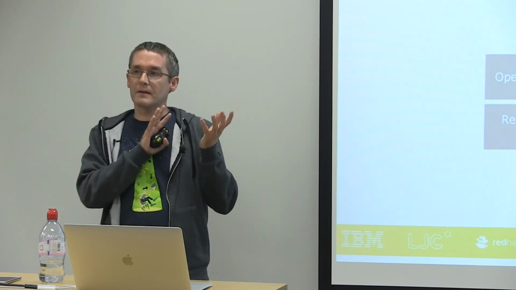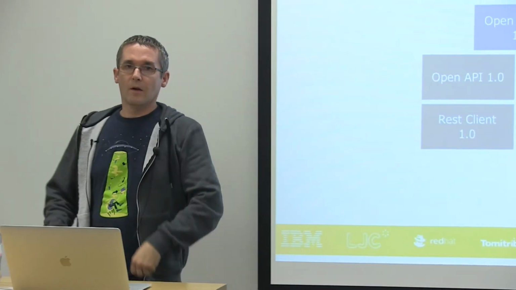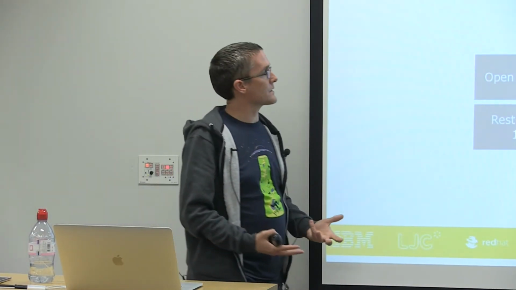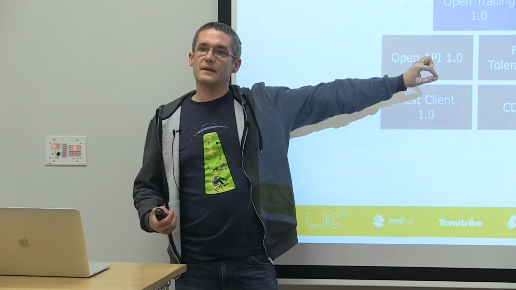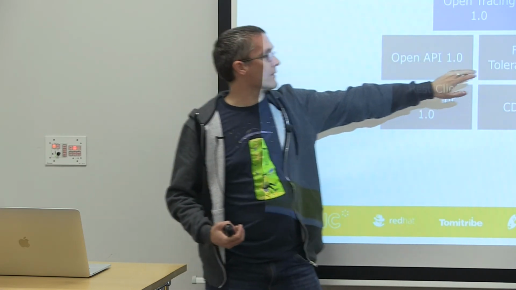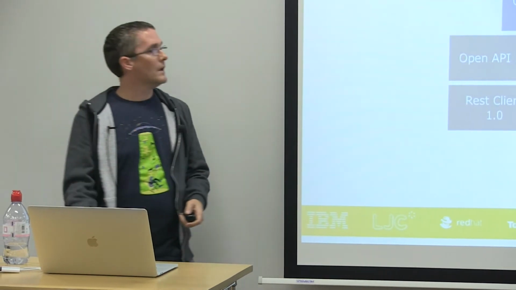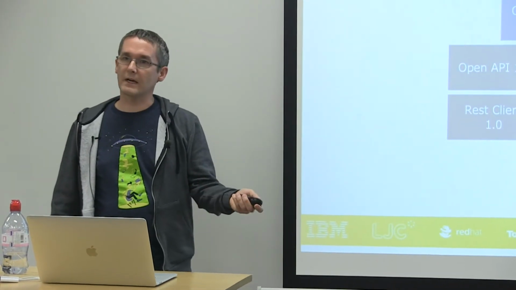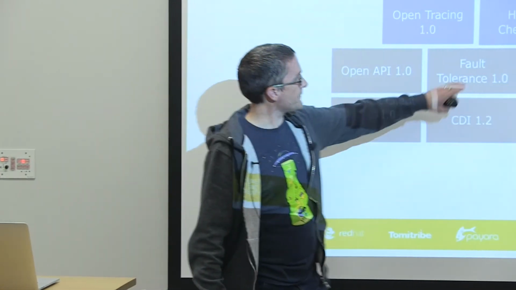If I have a microservice that depends on three other services, maybe I can still be healthy and still function if two of those services are available and the third one isn't. Health check lets you define what the healthiness of your microservice is, and then it provides a REST API for you to visit, which will tell you whether that service is up or down. If you're deploying into Kubernetes, you can point your liveness or readiness probes at that health check endpoint, and that will report back to Kubernetes, and Kubernetes can respond appropriately.